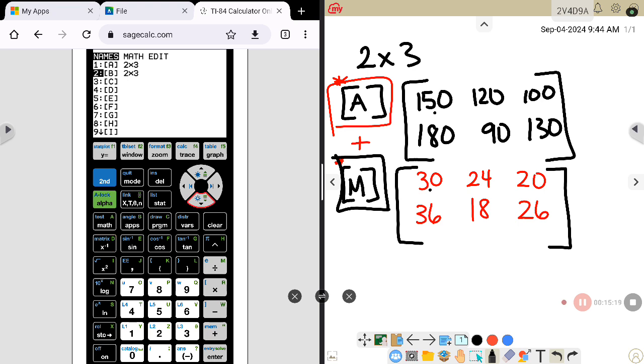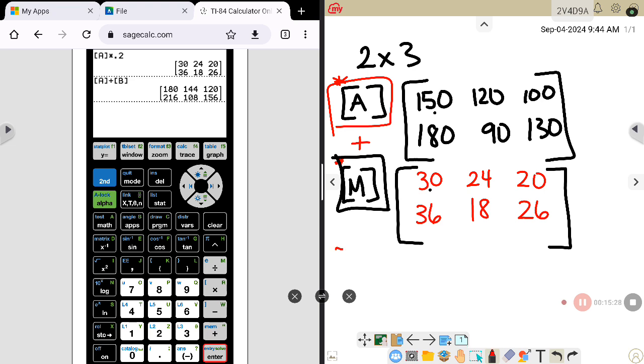So go down to B. So I'm adding these two matrices together. So let's see what matrix A plus matrix M gave us and figure out what those numbers represent. So A plus B gave me 180 across the first row, 144, 120.